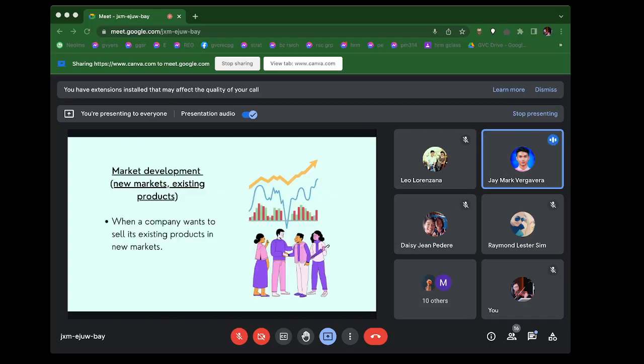Then next is the market development, or new markets and existing products. Market development is when a company wants to sell its existing products in new markets. Market development is one of the market growth strategies in the Ansoff Matrix.